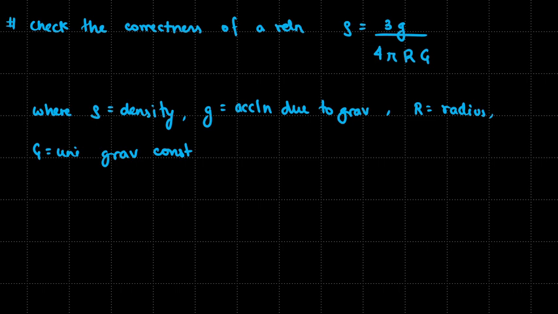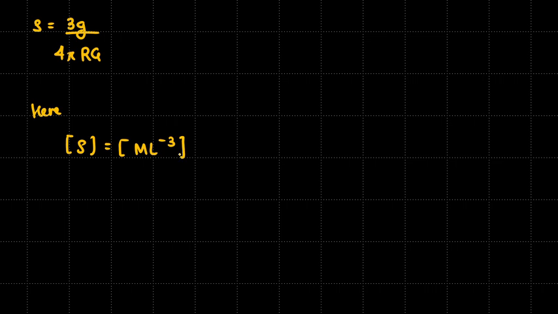So let's solve this on another page. It's like a brand new start. We know that it's given that rho is 3g by 4 pi RG. Here the dimensional formula of rho is M L to the minus 3, because it is mass per volume, and the most common formula of volume is L cubed.